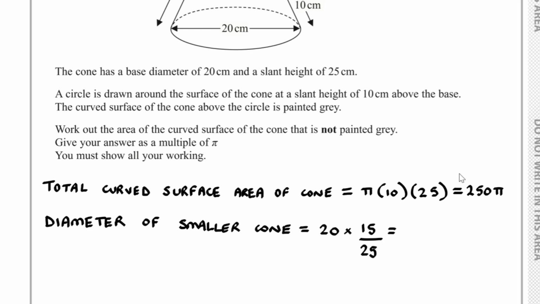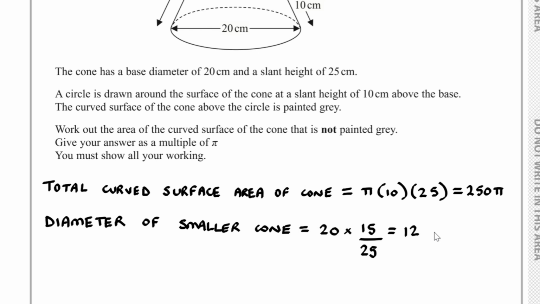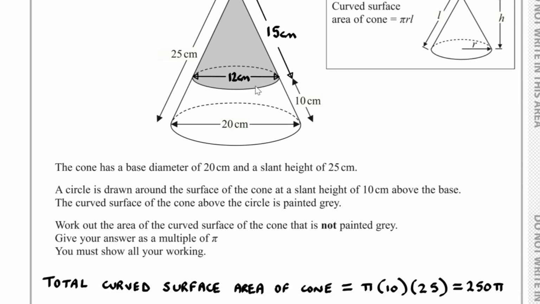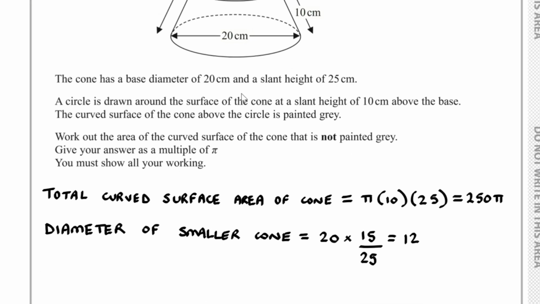And if I work out what this is, I've got 20 divided by 25 times 15, which will equal 12. So here I get 12. Let's add this to the diagram. From here to here, we've got 12 centimeters.